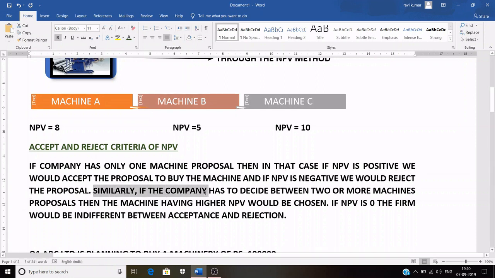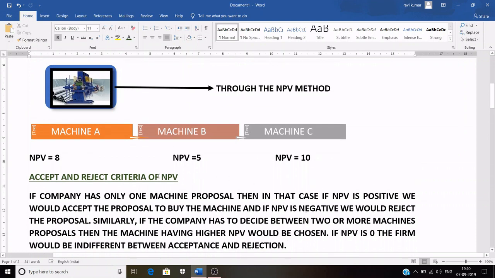Similarly, if the company has to decide between two or more machine proposals, then the machine having higher NPV would be chosen, and if NPV is 0, the firm would be indifferent between acceptance and rejection of the machine. It means if NPV comes to 0, the company could buy the machine and could also not buy it. It will depend on the will of the company. So this is known as the accept and reject criteria of NPV.